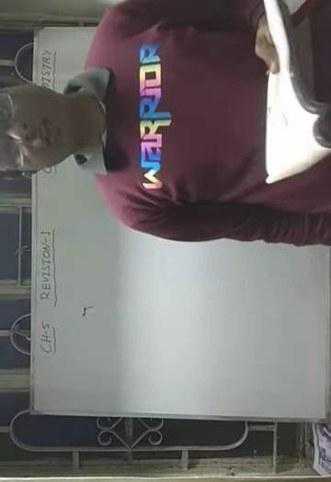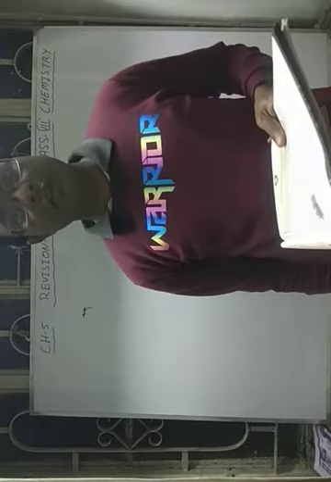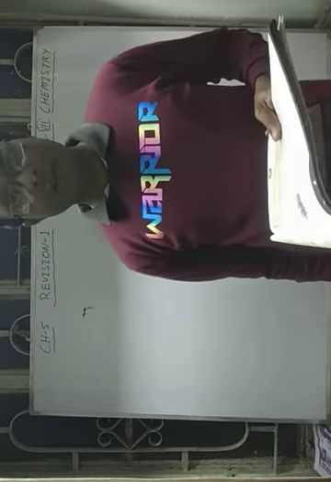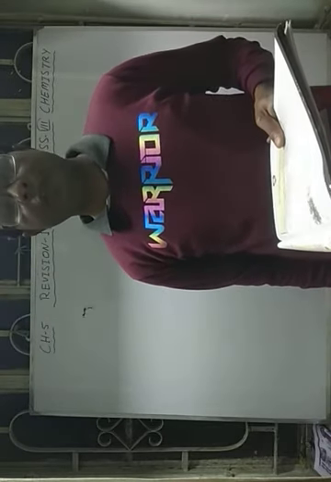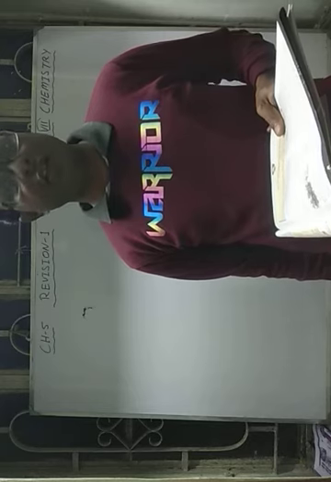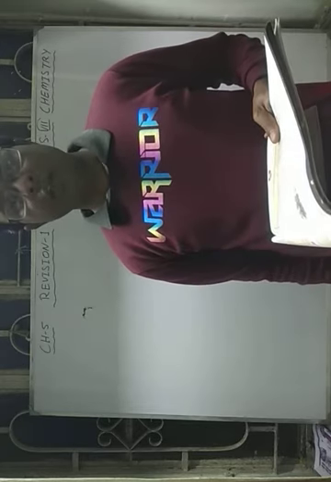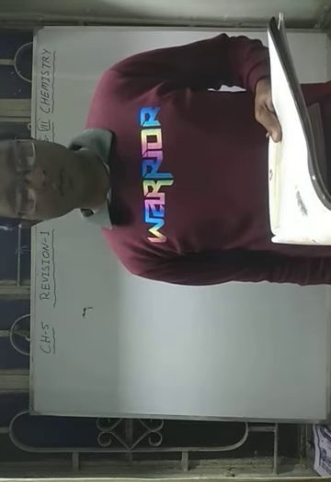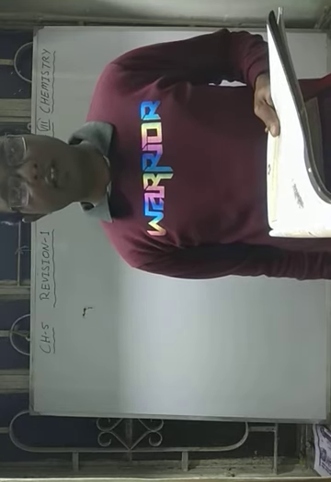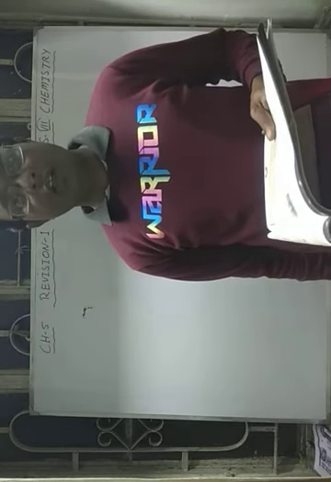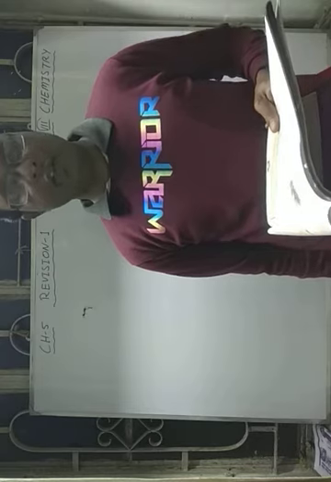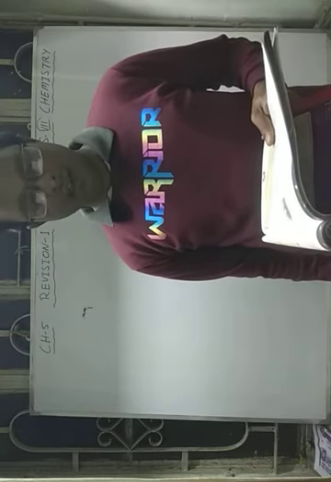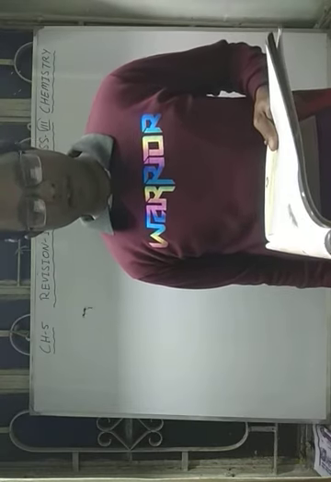Iron is silver white, but when it comes in contact with moisture, rust is formed, and it becomes reddish brown. So from the change in color, we can say a chemical reaction has happened on an iron nail or iron object.